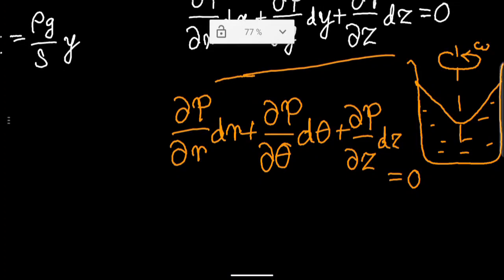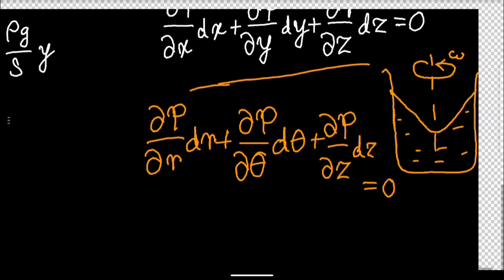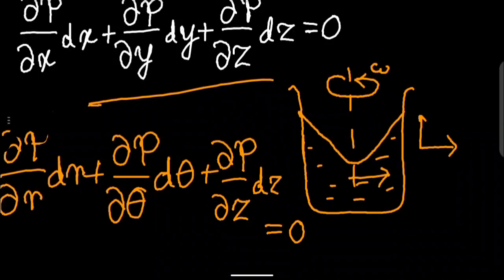This is cylindrical polar coordinates. I hope you know, and even if you do not, it's fine. Our r is outward, this direction is our z, and theta is like that.